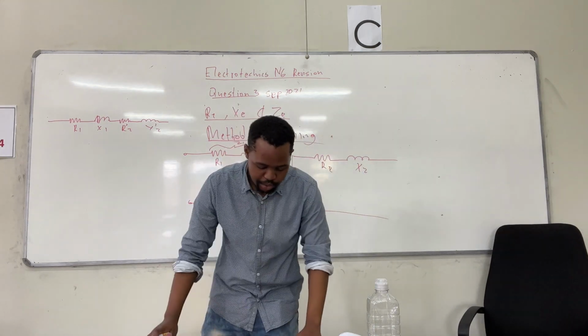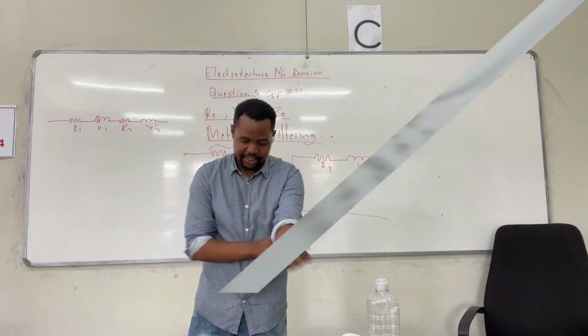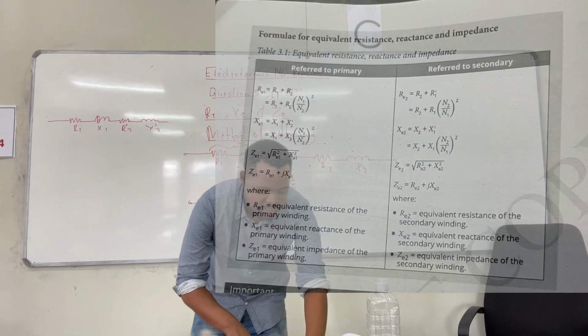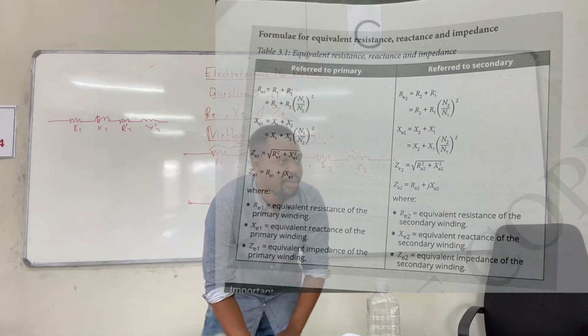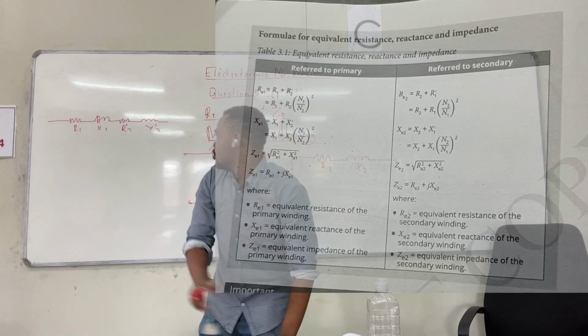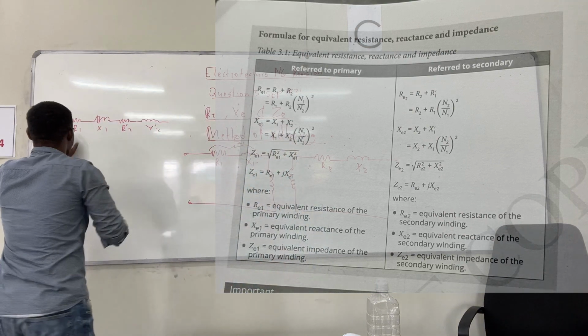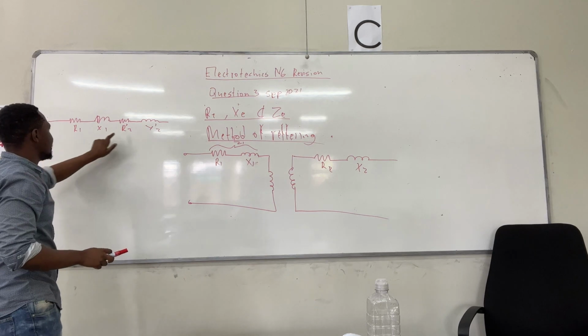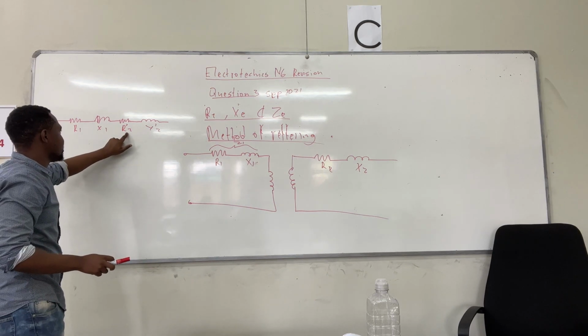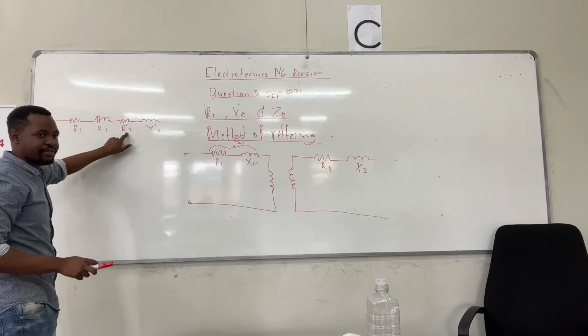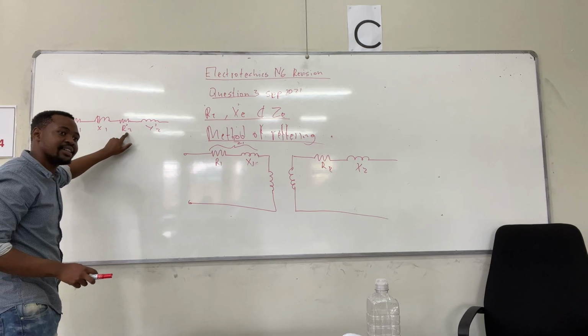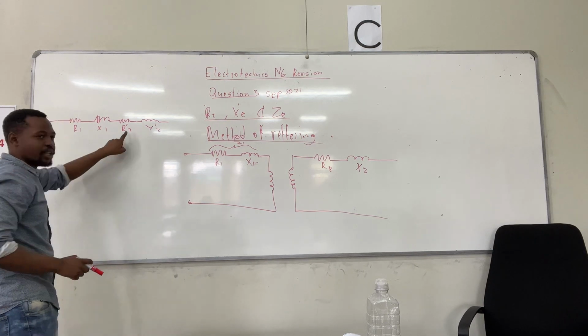Looking at page 108, how is the equivalent resistance written? Basically, you add the resistance R1 and the resistance R2 referred to the primary winding.